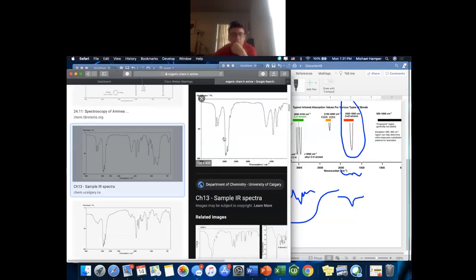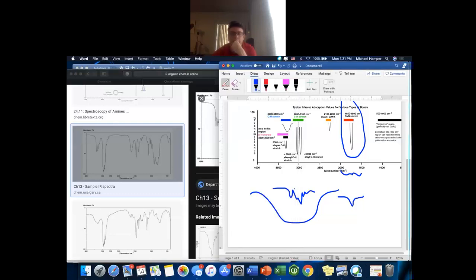But again, above 3,000 it looks like a tooth, like a canine tooth or two teeth, a vampire, which is indicative of an amine. So those are the three I would definitely keep in mind: your amine, your C double bond O, and your alcohol.